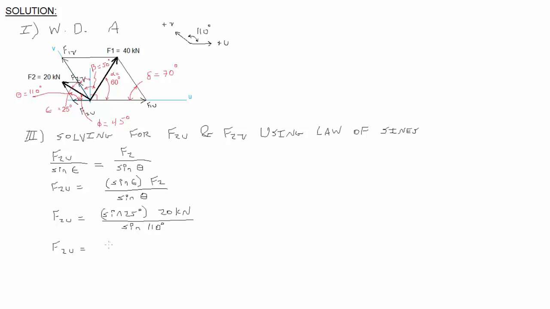And F2u is going to equal 8.99482 kilonewtons. Now you'll notice it's going in the opposite direction as what I've defined as positive u, so that is a negative. Now we'll need to solve for F2v.